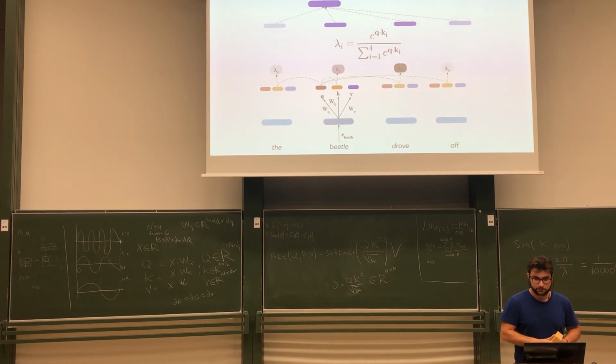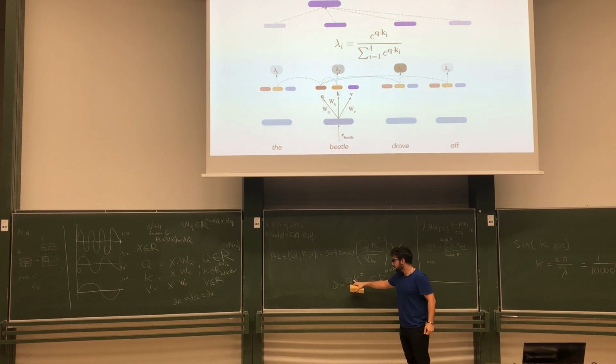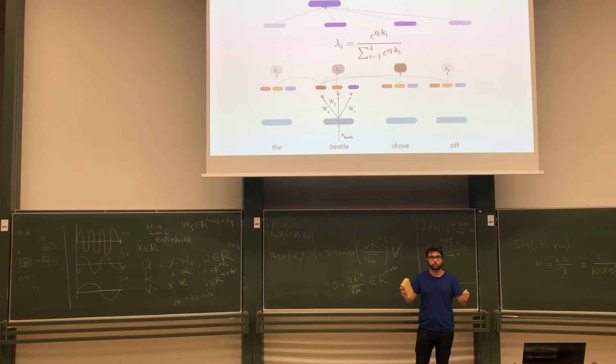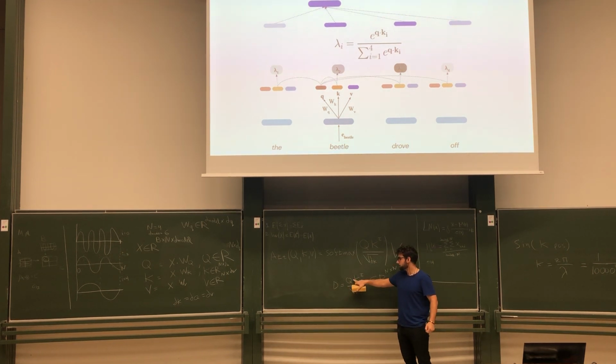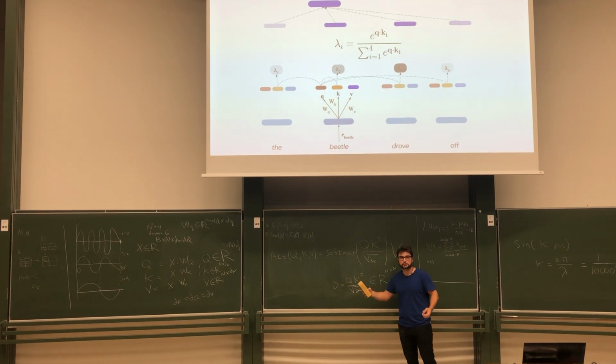So this slide will have an illustration. What is happening is that all the elements of the sequence that correspond to the queries are multiplied here. This inner product is a measure of similarity.